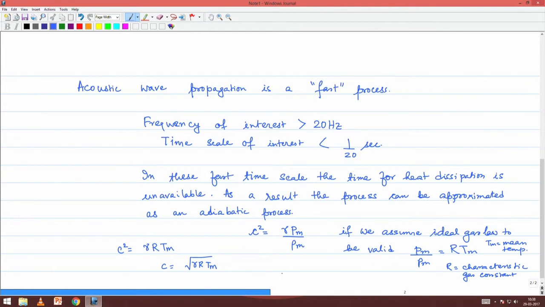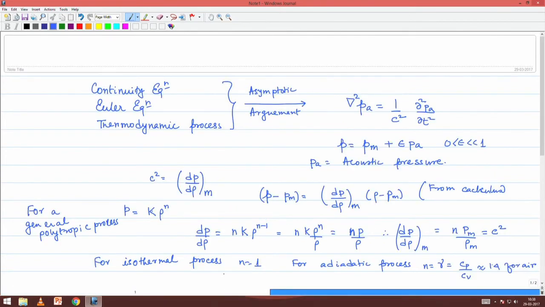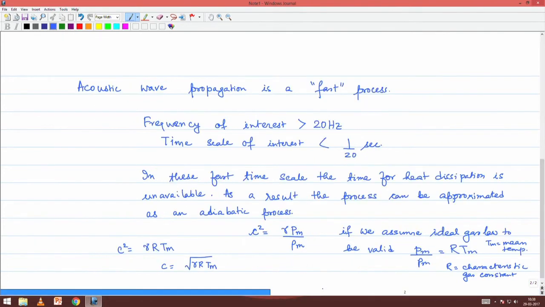This is the elaboration of that quantity C, which in the last class we took as just, by rules of calculus, the derivative of pressure with respect to density, but then it could be simplified, as shown in this derivation, to this quantity which is related to the mean temperature effects.